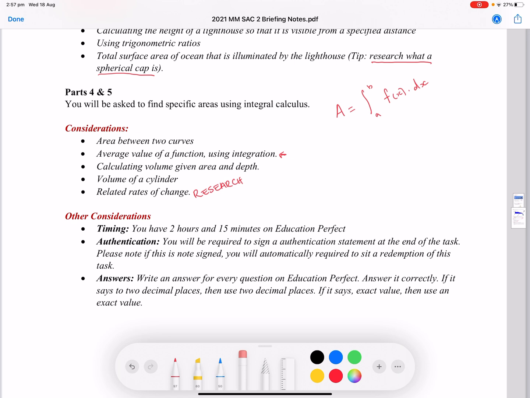If it says an exact value, then use an exact value. The other tip that I will give you, and I've said it a lot of times, and I know that Mr. Silva and Mr. Simeo have also reiterated this, be careful with units. You're in Year 12, you're doing Year 12 Methods. You must get your unit conversions correct.